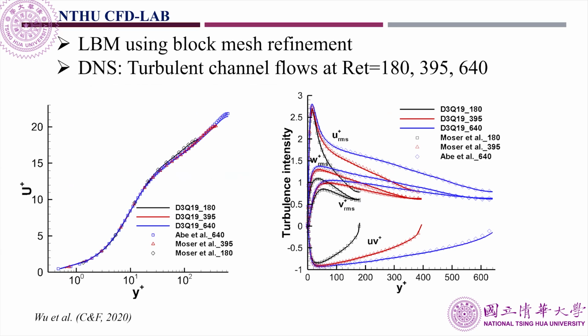Nonetheless, we managed to use block mesh refinement to calculate turbulent channel flow up to Reynolds number Re_tau 640. We have completed Re_tau 1000 now. You can see that Lattice Boltzmann can generate very good results regarding the turbulent intensity and also the mean flow velocity profile.